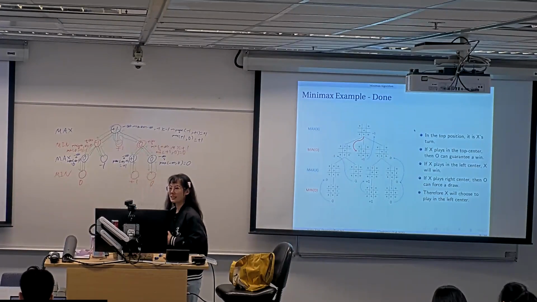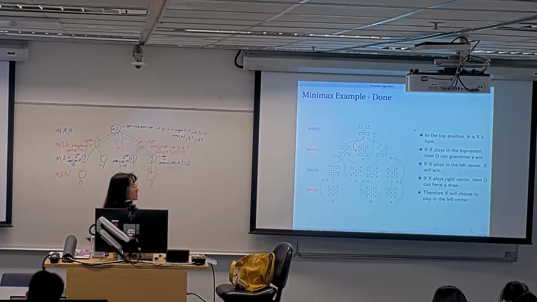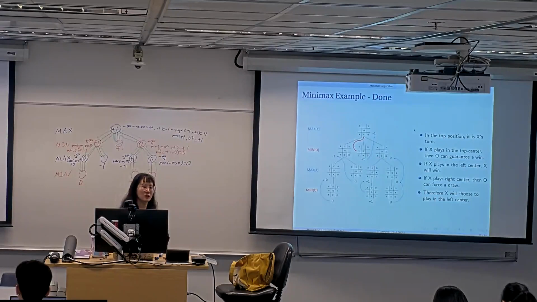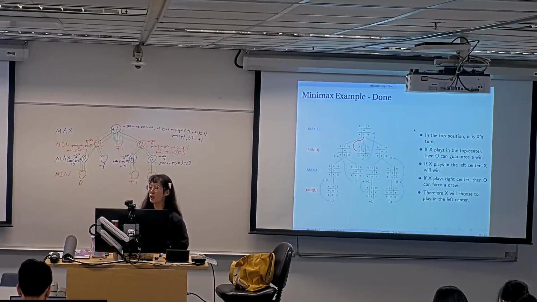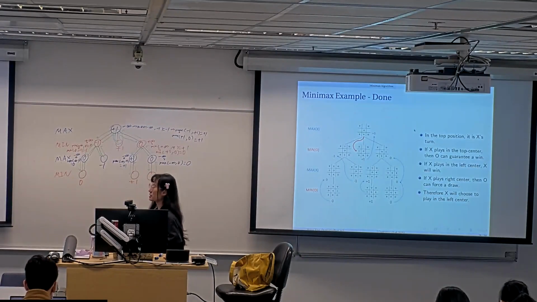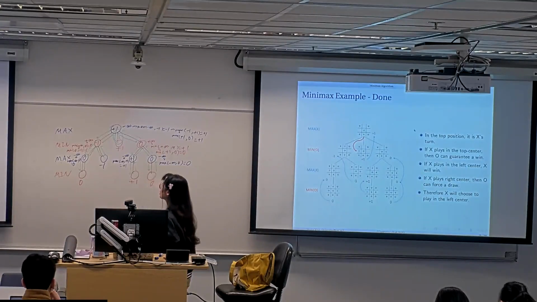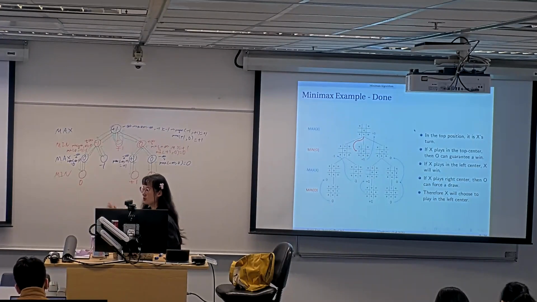All right, let's come back to the class. So now we already see what the steps of the minimax are and also how to apply the minimax in a specific game, tic-tac-toe. Basically, we need to work on a tree structure, that's the game tree. This is why we say this is a search problem.